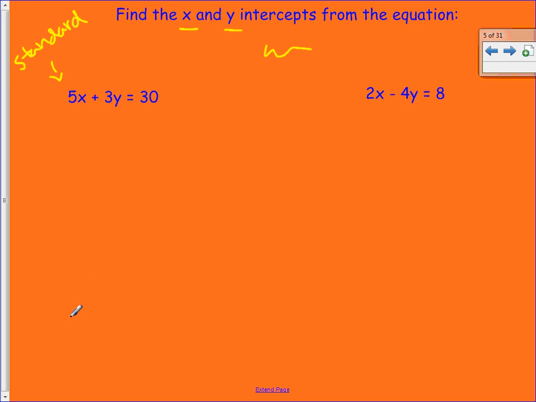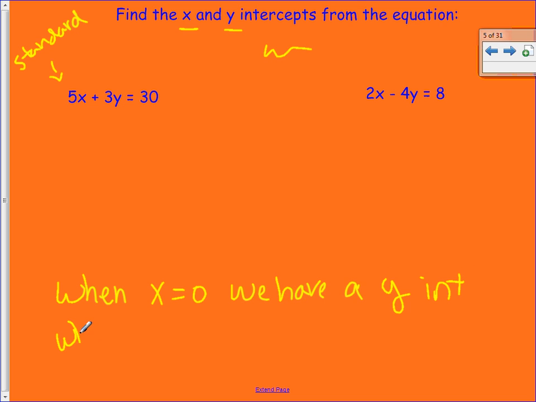So down here I'm going to write: when x equals 0, we have a y-intercept. Vice versa, when y equals 0, we have an x-intercept.